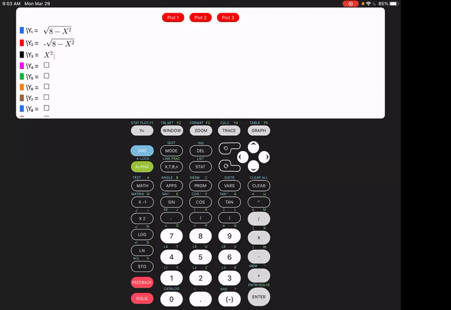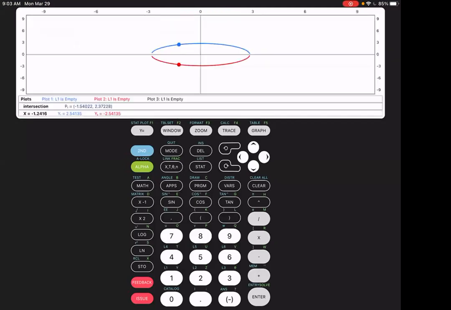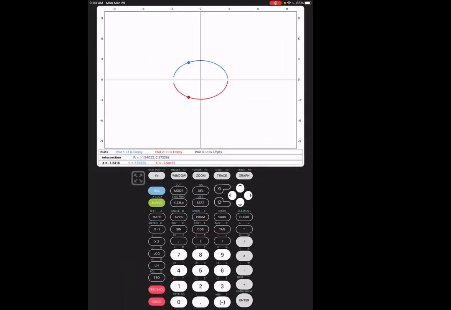So if I just type in those 2 equations, mine looks like an oval, and that's because my screen is really wide. There we go. That makes it look a little better. But it's still oval looking because my screen is a rectangle. But it really is a circle, and that looks pretty close to being a circle. Yeah, that looks pretty good. So there's the circle. So that equation represents x squared plus y squared equals 8.